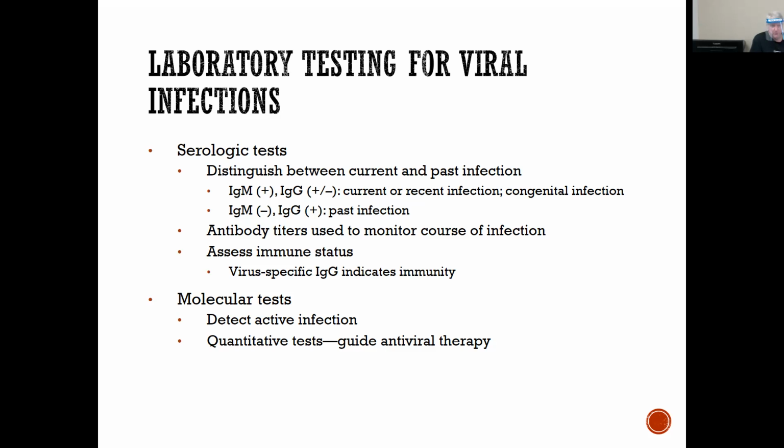Okay, baby can produce IgM. So if you've got a baby that comes out IgM positive, you test for something like cytomegalovirus because of some kind of defect, that mom got it during pregnancy, then IgM is there. IgG will be mom's.